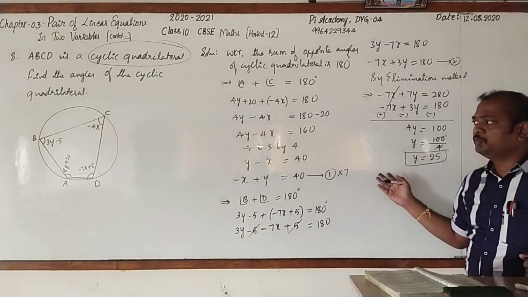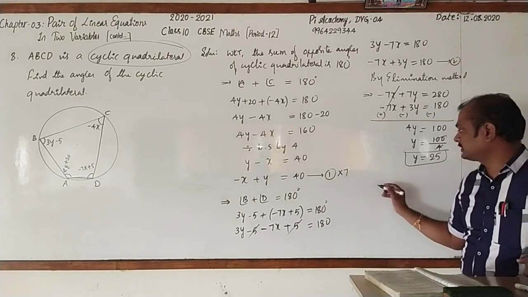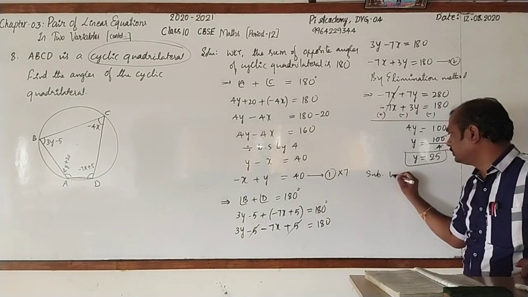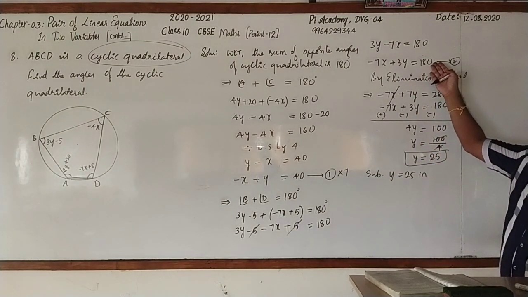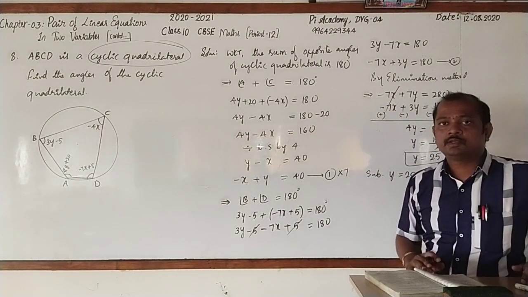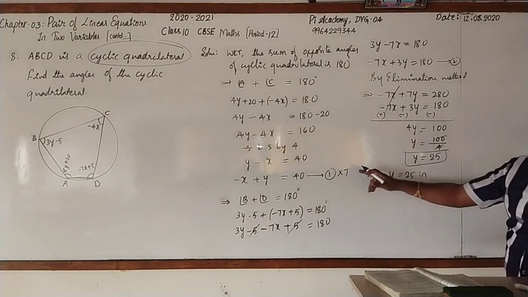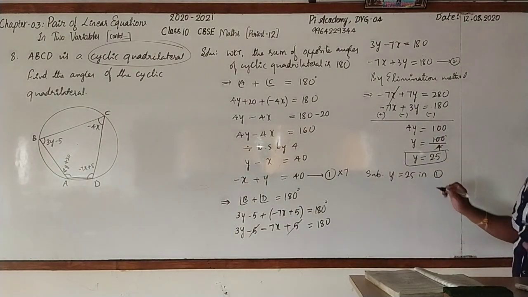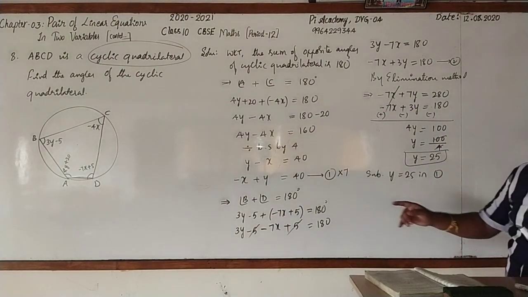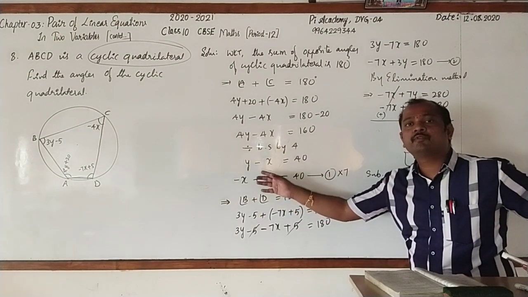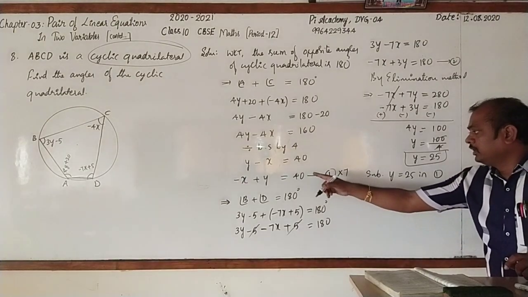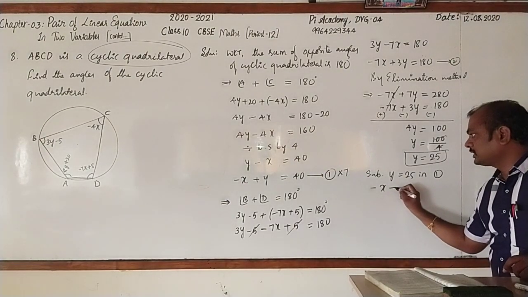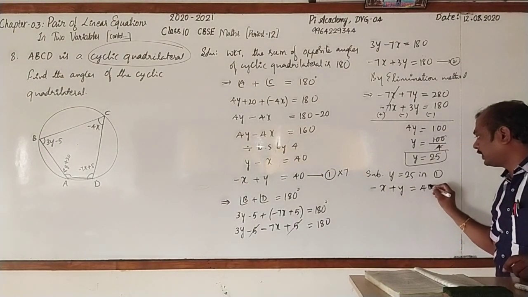Then we should find out the value of x. So substitute y equal to 25 in any one of these two equations. Which one will you go for? Yes, the best equation is the first equation. The reason is the coefficients of x and y in the first equation are small. The first equation is minus x plus y equal to 40. Then minus x plus 25 is equal to 40.